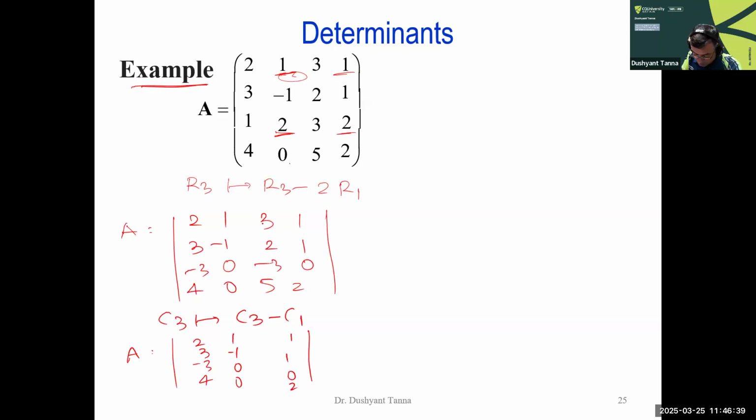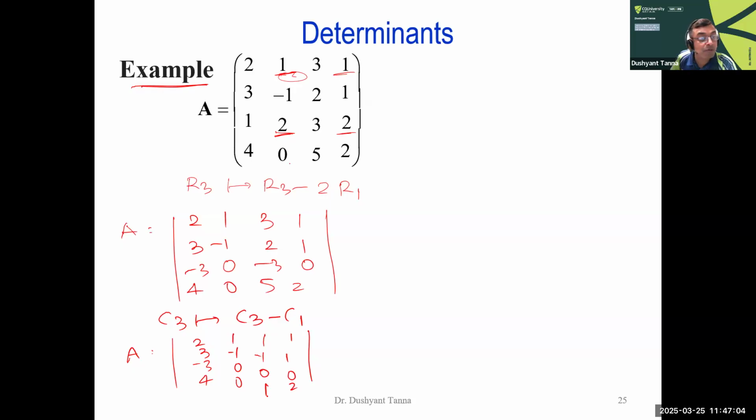So column 3 was 2, 3 minus 2, that's 1. 2 minus 3 is minus 1. This is 0, and that's a 1. Okay. Now I got 3 zeros in a row, right?